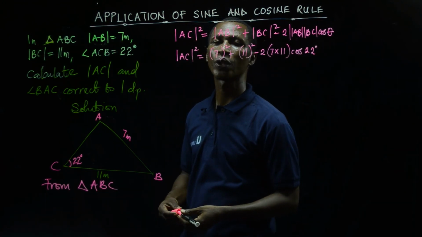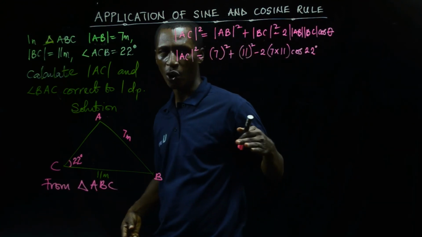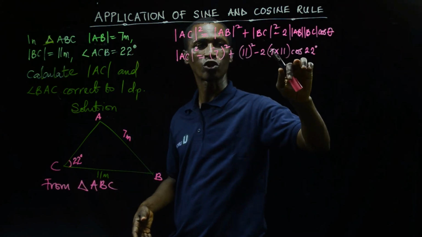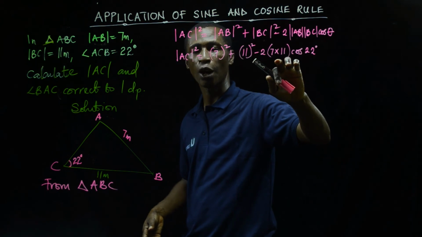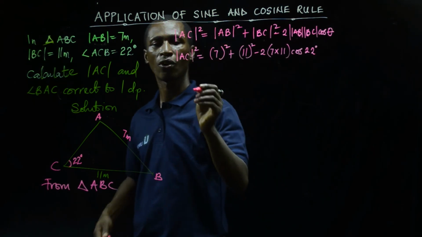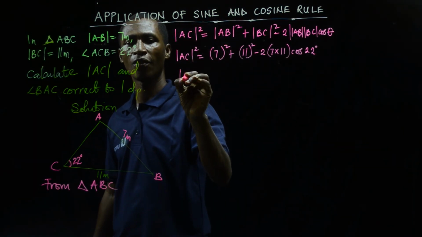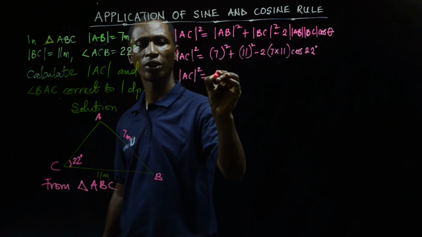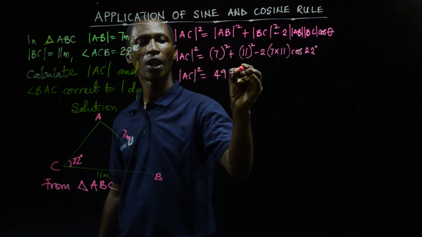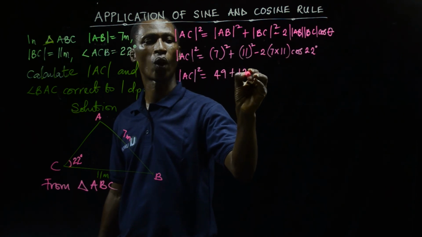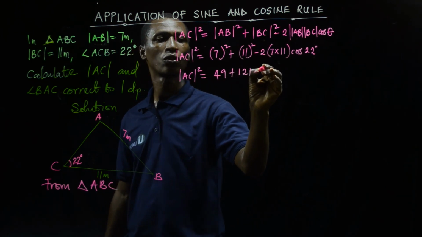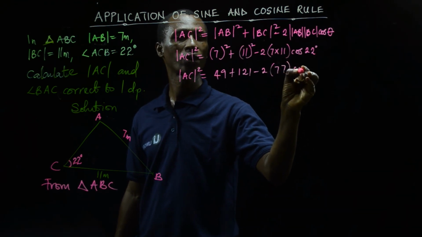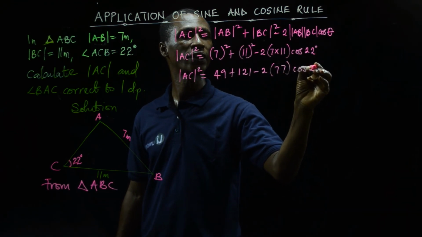What remains is purely calculator work. First, AC squared: 7 squared is 49, 11 squared is 121, minus twice 77 cos 22.